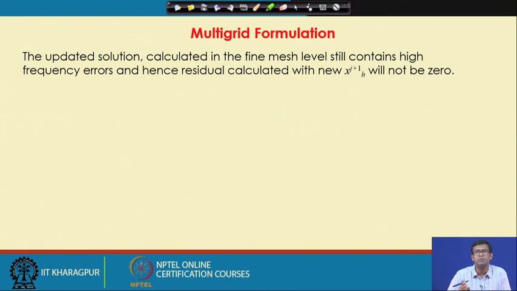High frequency means, in between the two grid levels, the middle grid level, we have used the prolongated correction factor from the coarse grid level and put it here, which has not been resolved here. So, it still contains some of the high frequency errors, and the residual calculated with this will not be 0.